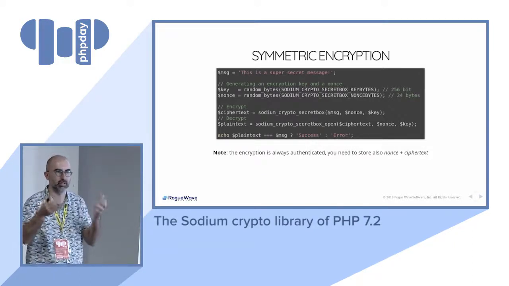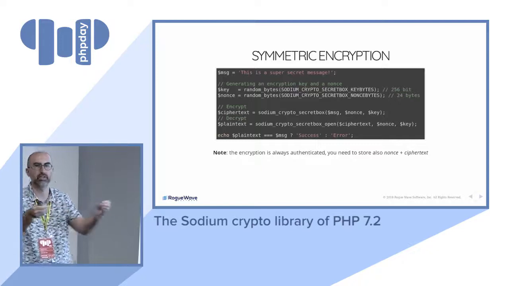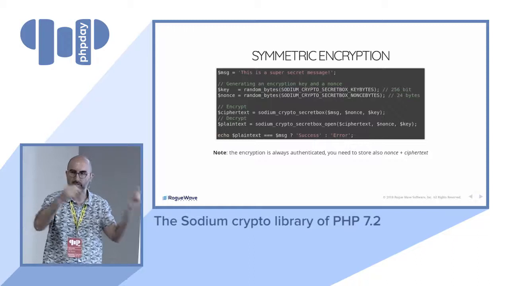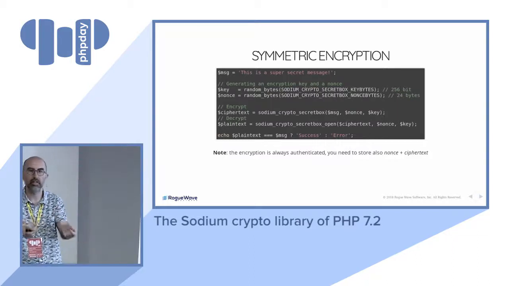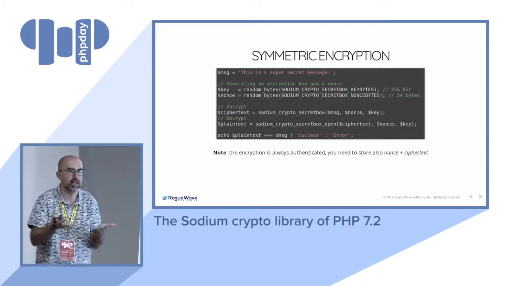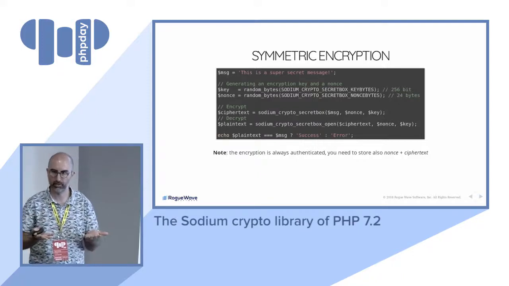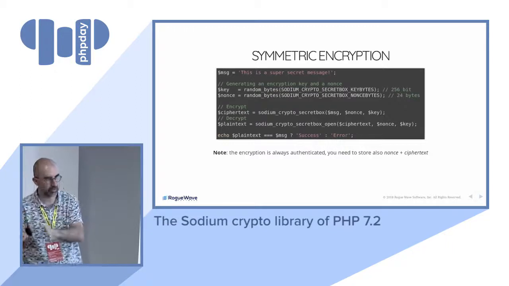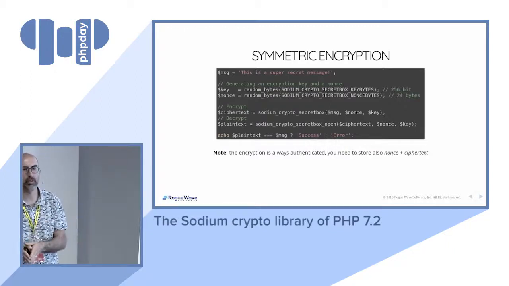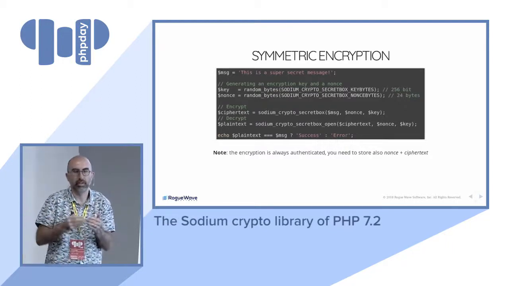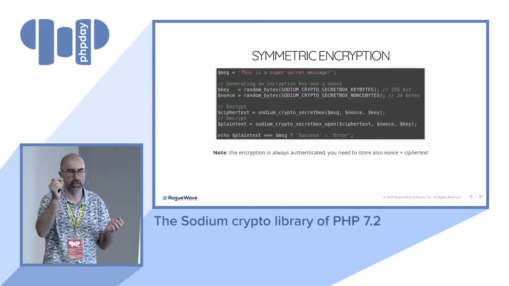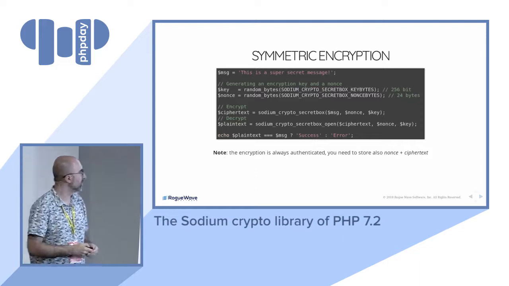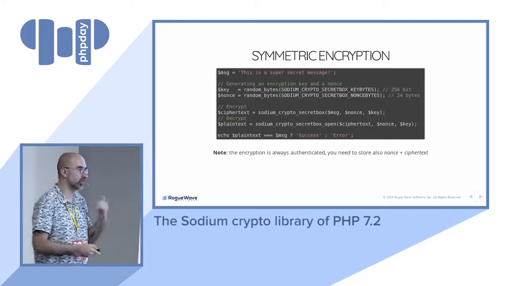Of course, they cannot understand what is inside the file because it's encrypted, but they can change 1 bit, 1 byte, and store it again on the server. When you decrypt the information, you have no evidence of this tampering. This is why it's very important to encrypt and authenticate at the same time. If you have an authentication system, the authentication will fail because you changed even 1 bit in the ciphertext. So this Sodium encryption provides also authentication.